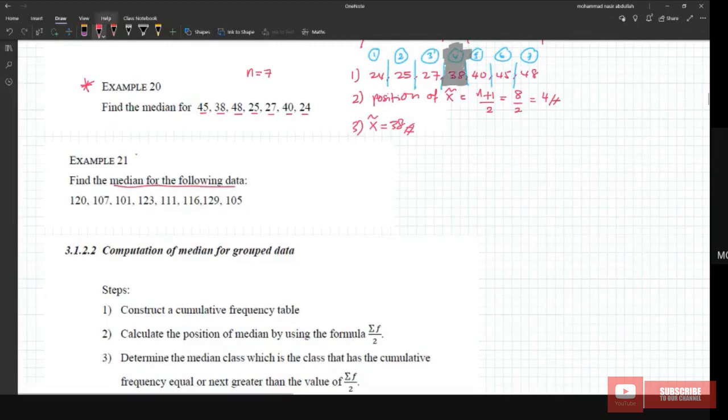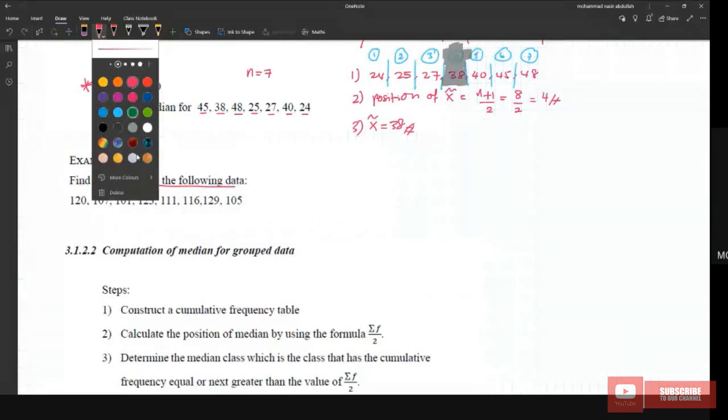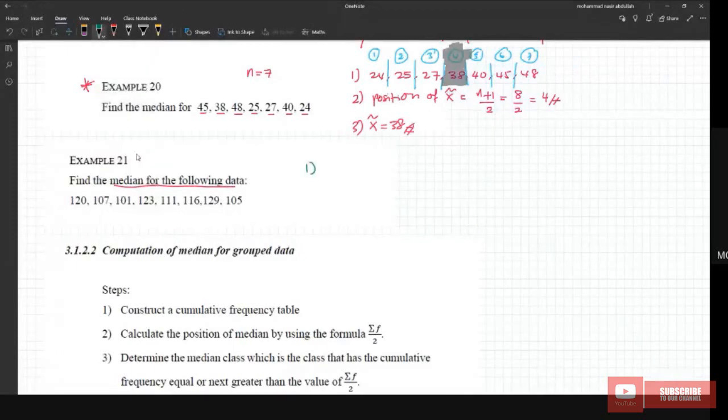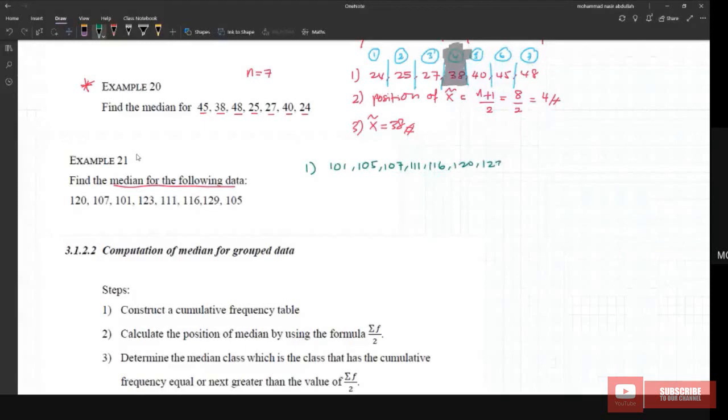First step, we need to arrange the data in ascending order. The lowest data value is 100, 105, and then 107, 111, then 116, 120, 123, and 129.